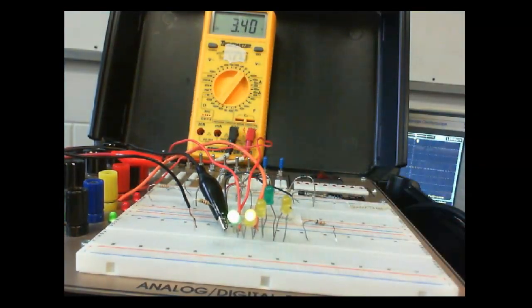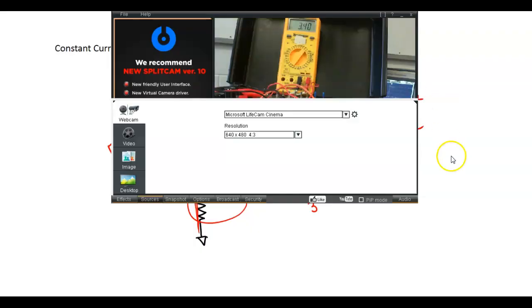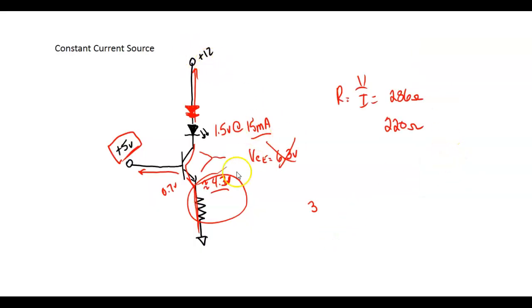So this is not a saturated switch. These guys are really easy to design. You take your voltage up here, you calculate what current you want to flow. You're always going to put a load up here. If you don't put a load up here, then you'll run up the transistor.